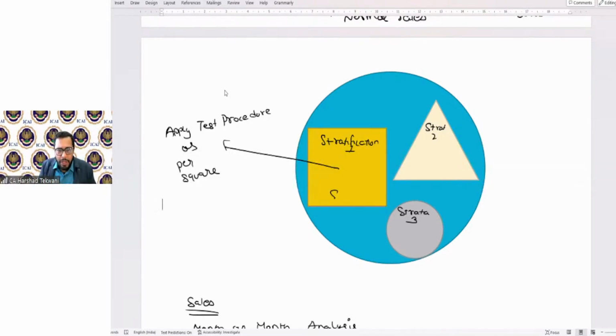That is a word that we use, strata. This is the first strata.